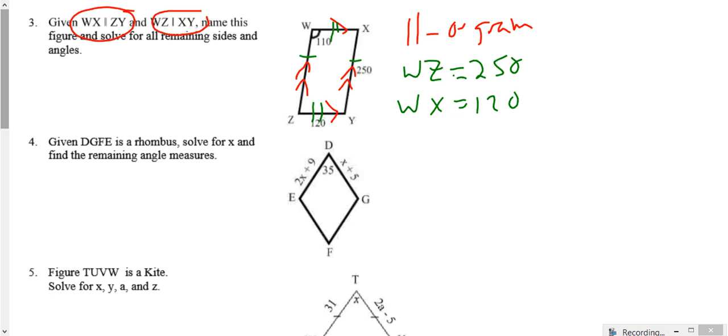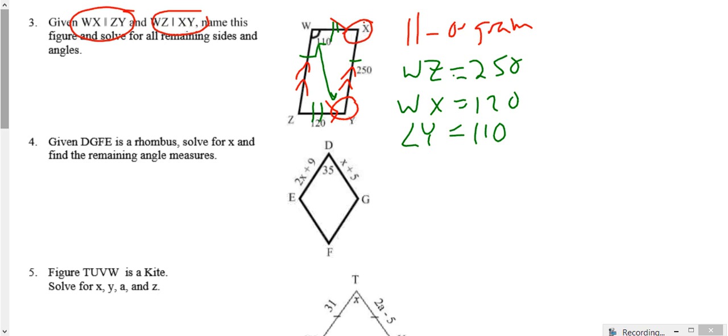Then we have angles. Well, we are told that opposite angles are equal in measure with a parallelogram. So angle y is equal to 110. And then the other two, well, we know that in parallelograms, these two angles are a part of the parallel sides and a transversal, so they are same side interior.